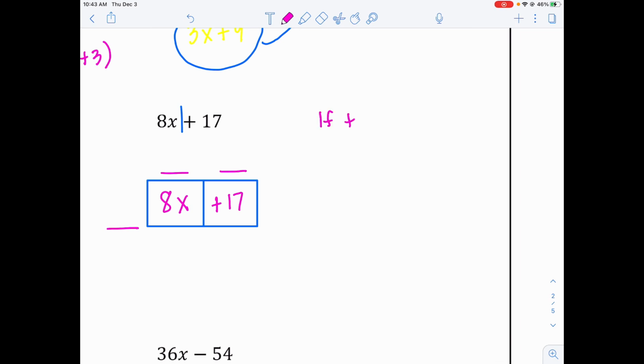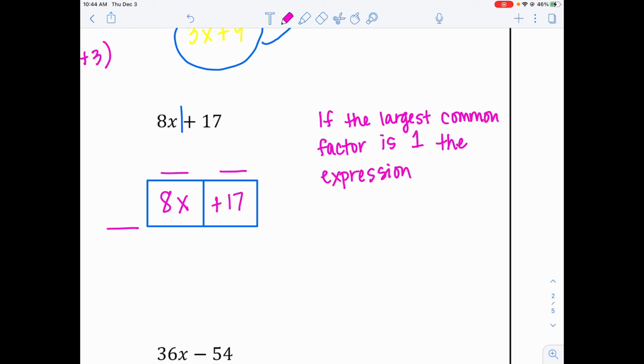If the largest common factor, meaning the biggest factor for both of them, is 1, the expression is prime.